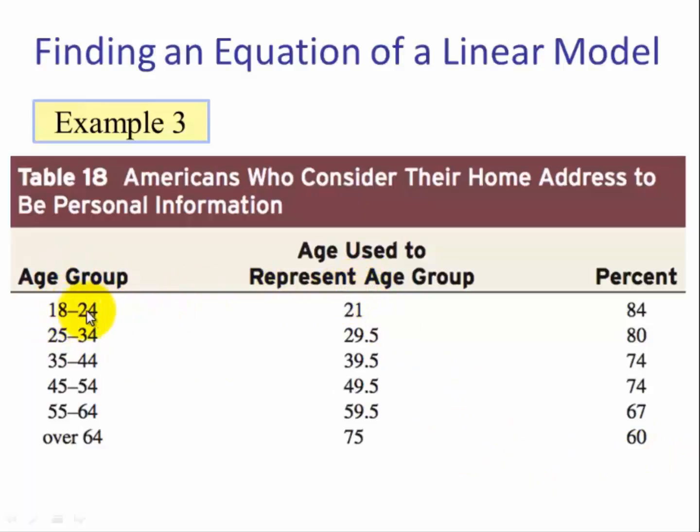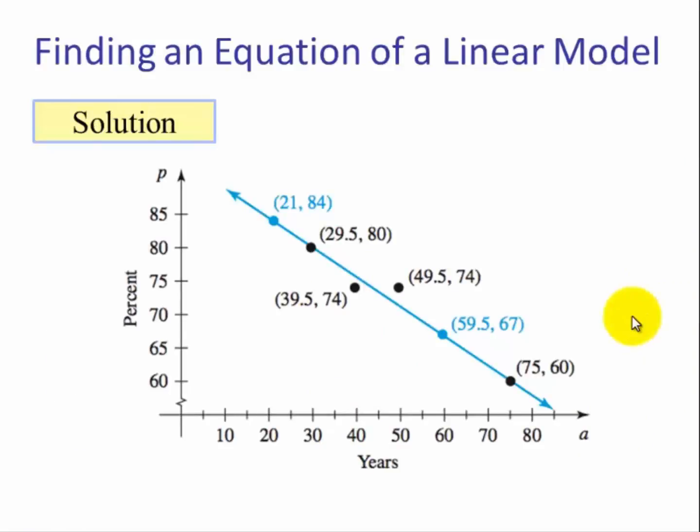So for 18 to 24, we're going to use 21. For 25 to 34, we're going to use 29.5. So this will be our independent variable. The percent is our dependent variable. So here's the scatter plot. We see that the data points do have a linear pattern.